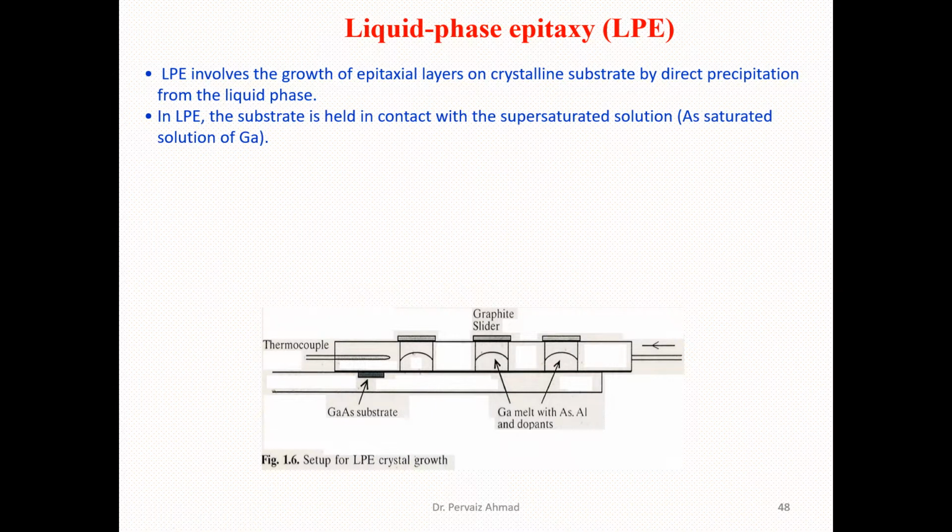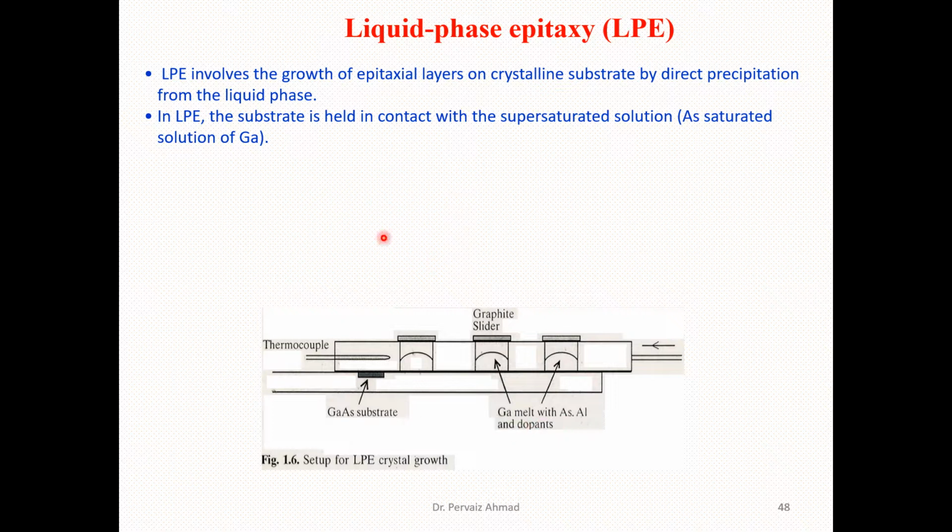The substrate itself is in contact with the supersaturated solution, that is, an arsenic saturated solution of gallium. Here we have the gallium arsenide substrate, and the gallium melt with the arsenic.